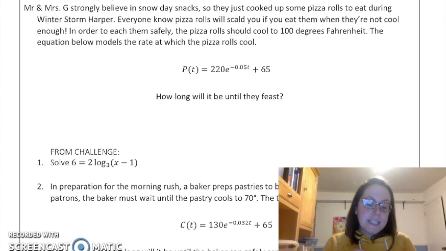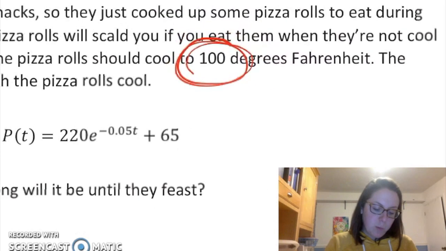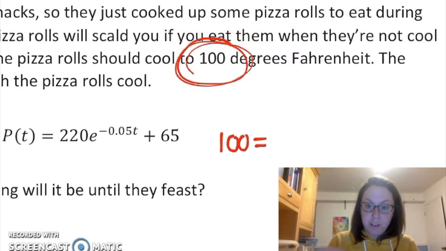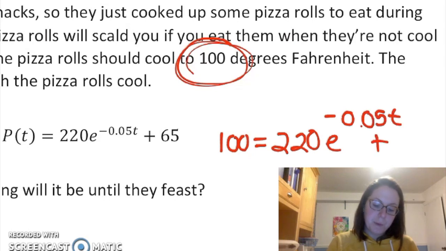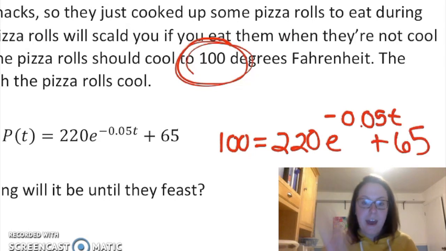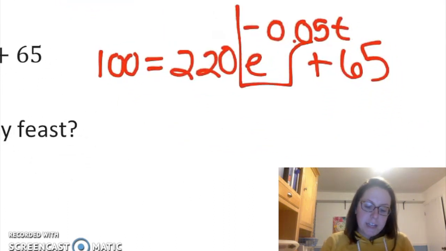Okay. So here's the deal. We need to know when they will be 100 degrees. So really what that means is, when will this equation equal 100? I'm going to set it equal to 100, because that's what I want to know. Now I can solve this. My exponential part is the e to the power.